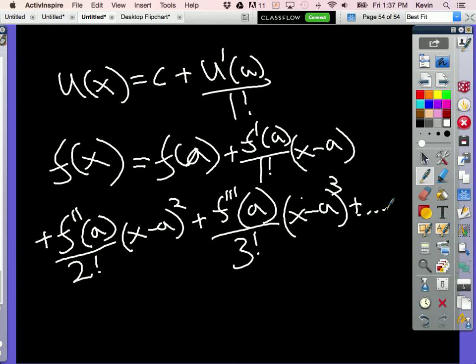But in the points that are less than a unit away from A, this series will converge very quickly, meaning you'll get a very good approximate answer just from a few terms.